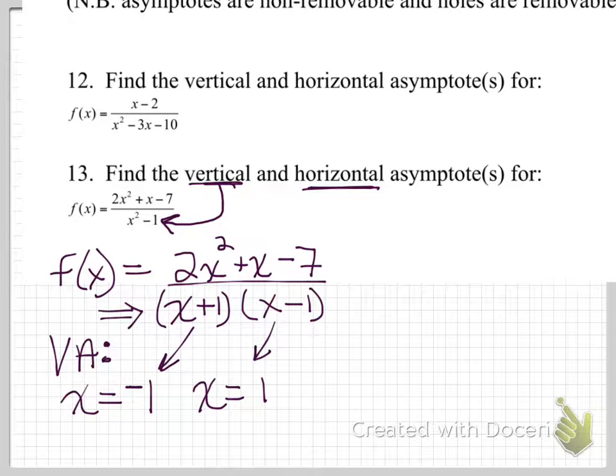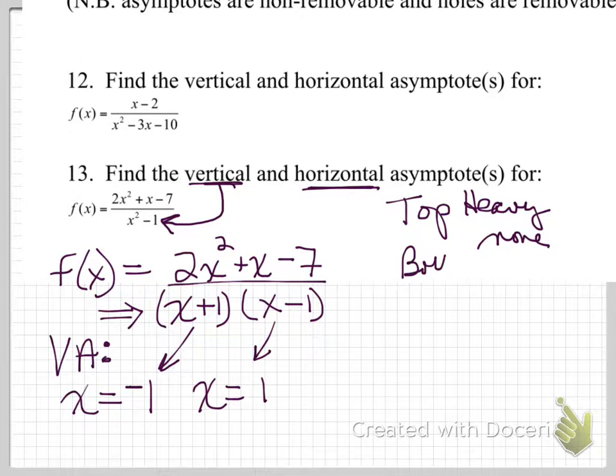To get your horizontal asymptotes, you have 3 options. If it is top-heavy, meaning that the power on top is greater, there are none. If it's bottom-heavy, meaning that the power in the bottom is greater, then your horizontal asymptote will always be y equals 0. Then we have the balanced case.